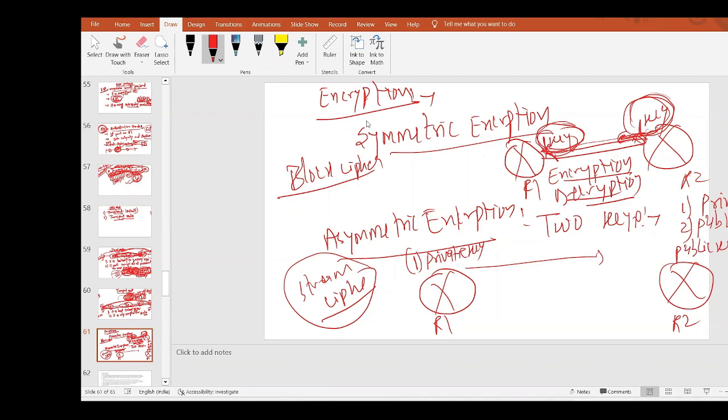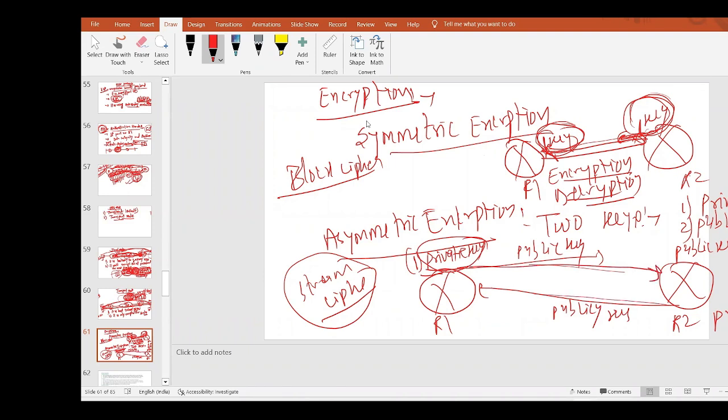In the same way, router 2 will keep its private key and forward its public key to its peer. So both keep their private key and forward their public key to the other peer. Got it?